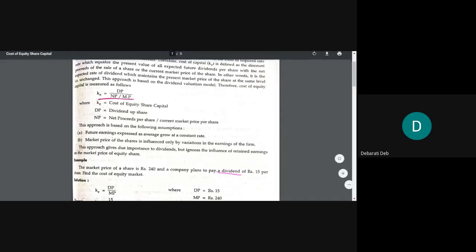KE equals to DP divided by NP or MP. Write this formula in your copy.